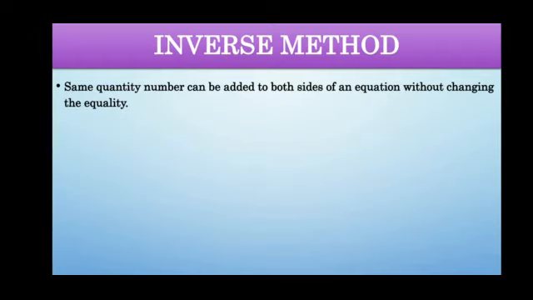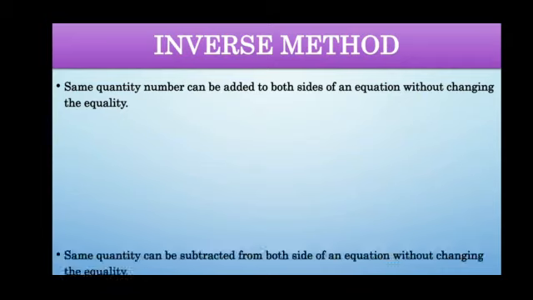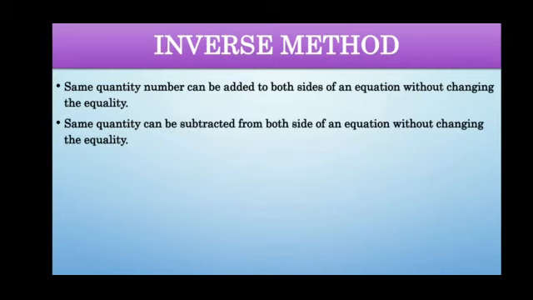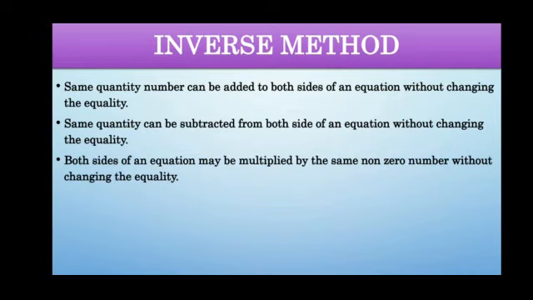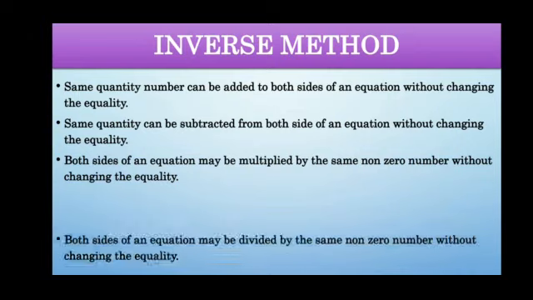The rules are: the same quantity can be added to both sides of an equation without changing the equality. Same quantity can be subtracted from both sides of an equation without changing the equality. Both sides of an equation may be multiplied by the same non-zero number without changing the equality.